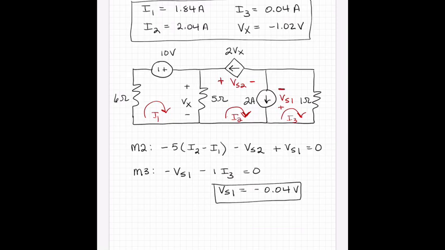Now I can substitute Vs1, I1, and I2 into that expression and solve for Vs2. I'll get that Vs2 is equal to minus 1.06 volts.